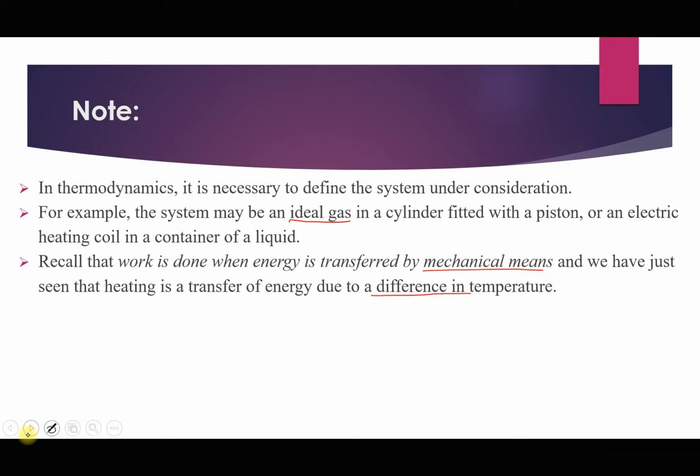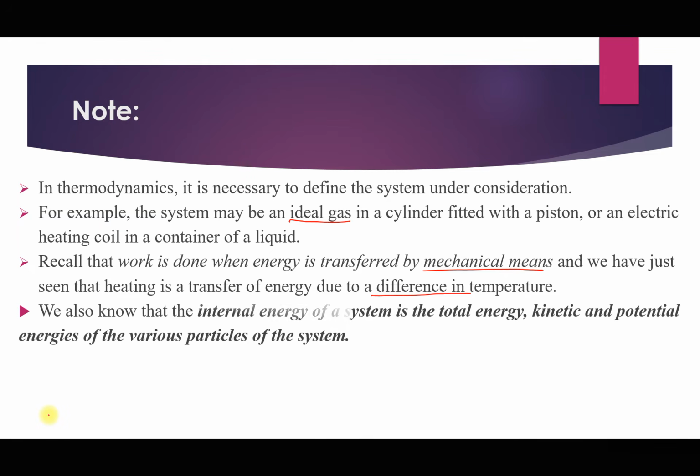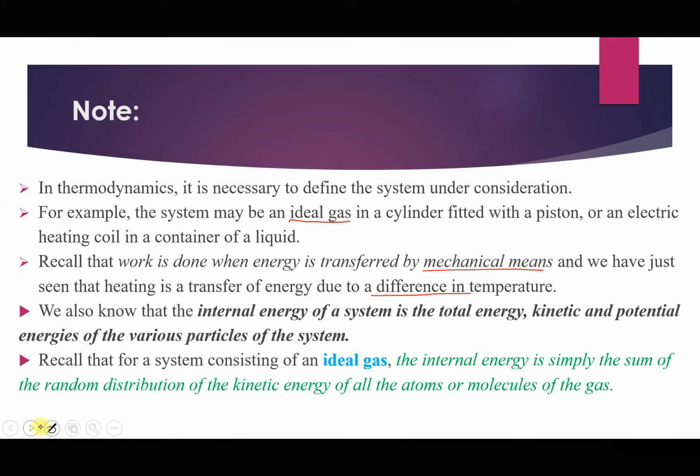We have also mentioned that internal energy is the sum of the kinetic and the potential energies of the various particles which make up the system. Do not forget what I mentioned earlier, that for a system consisting of an ideal gas, which we shall consider many times, the internal energy is simply the sum of the random kinetic energy of all the molecules or atoms which make up the gas.